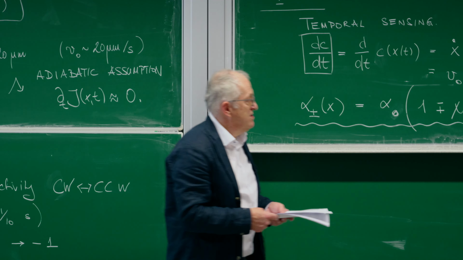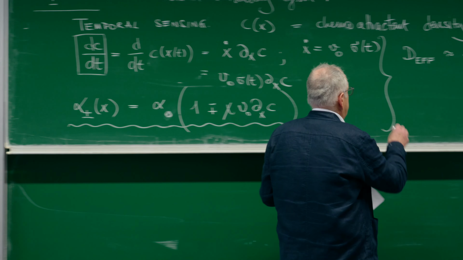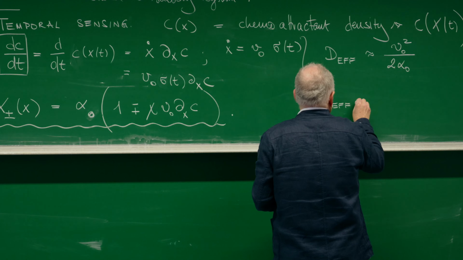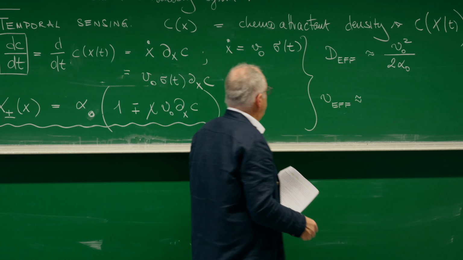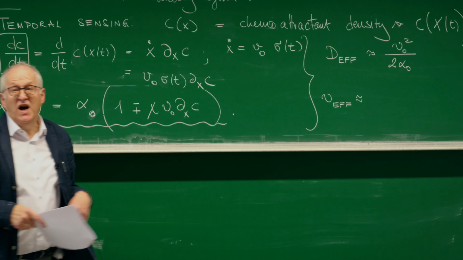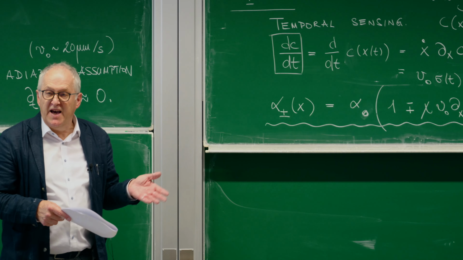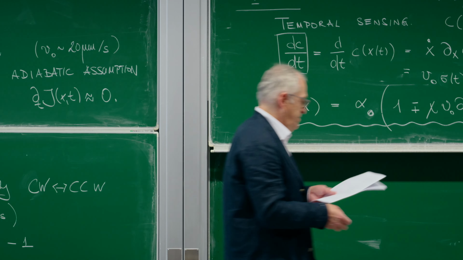This is a position-independent diffusion coefficient. And the contrast comes here when you write down the effective drift velocity, because there you have the difference between the forward and the backward rate. So the gradient doesn't cancel out. The gradient actually sums up.